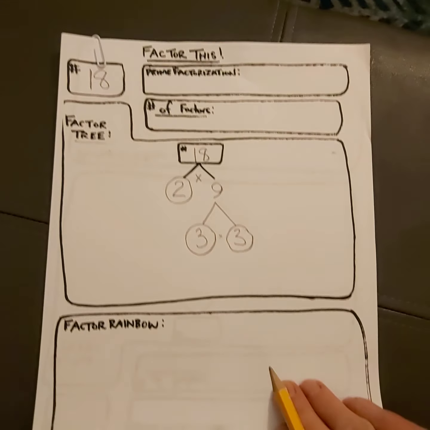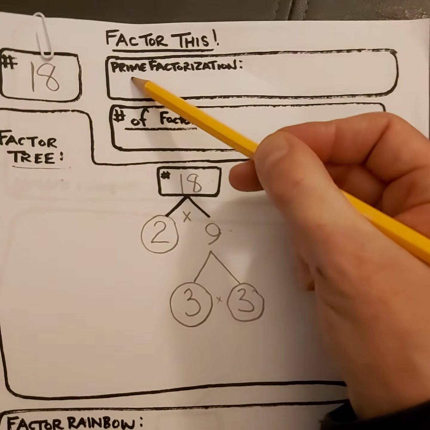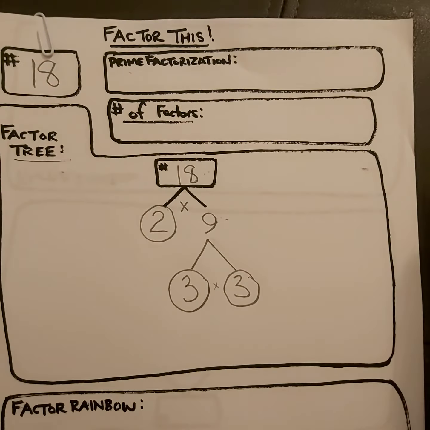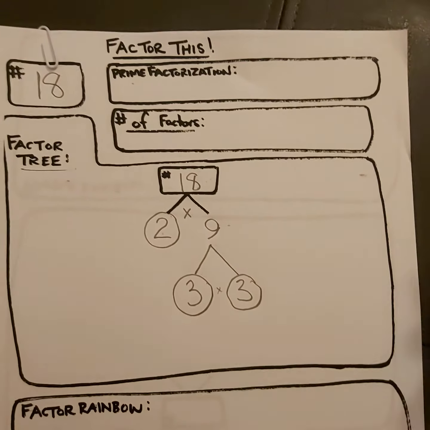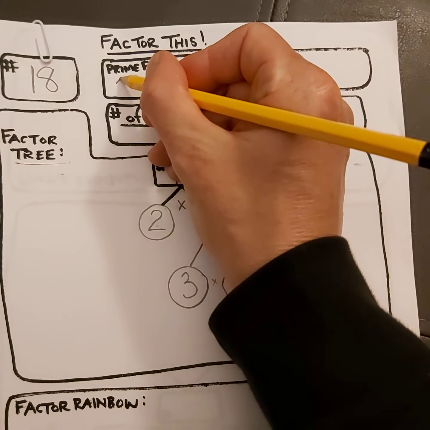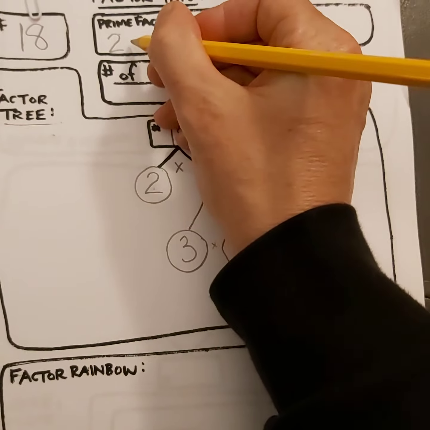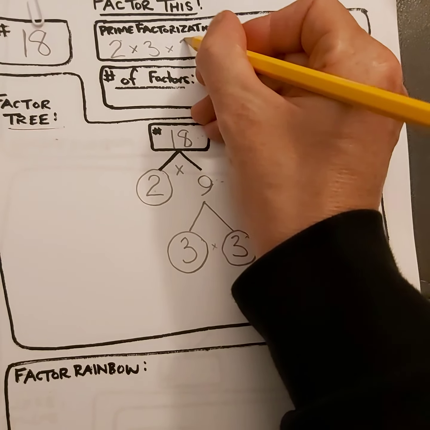Now we need to collect our primes. And that's when we come up to this box here, which is labeled prime factorization. And what that means is you just simply look at the circled numbers, the circled primes, and you write out in expanded form how those would be multiplied together to equal the number that you're working with.